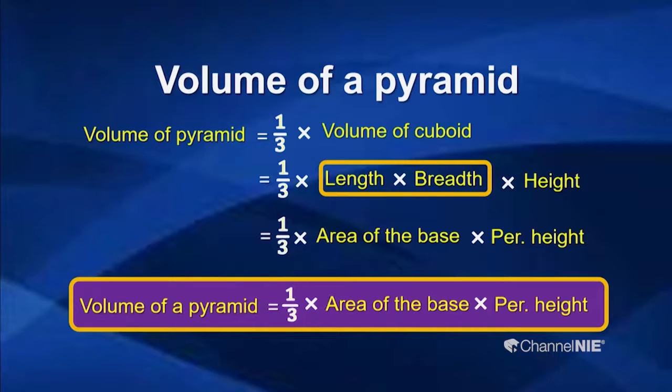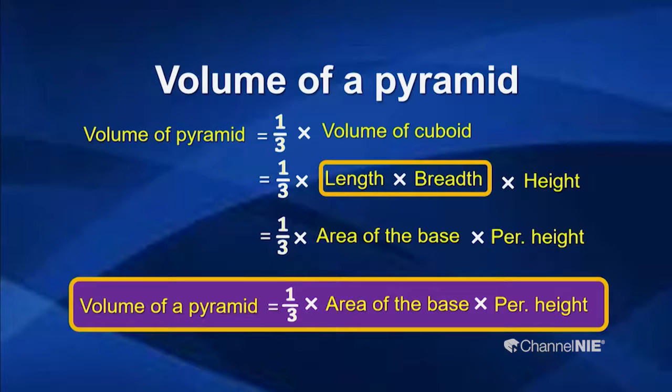Volume of the cuboid means the product of three measurements: length, breadth and height. Multiplying length and breadth, you can obtain the area of the base. Then base means the square part of the pyramid, sometimes it may be the rectangular part, that depends on the figure.